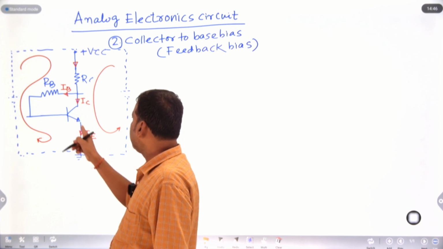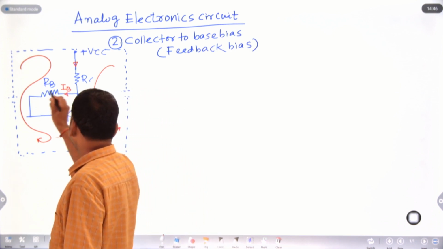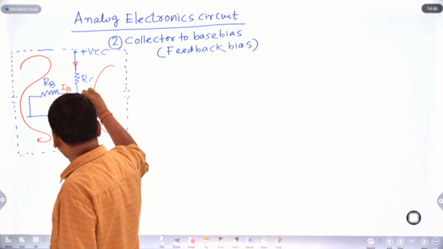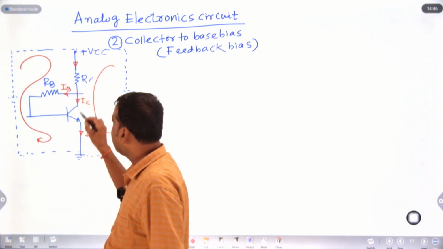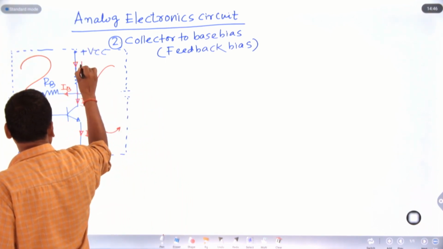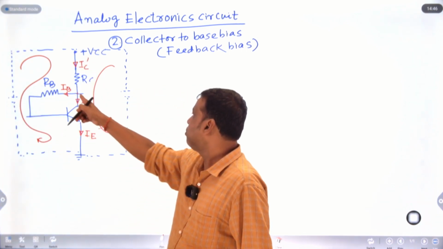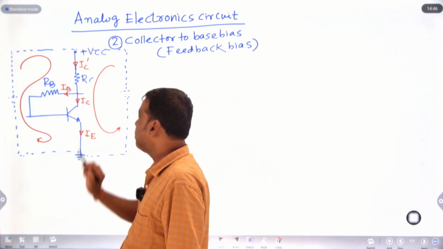So emitter current equals base current plus collector current. Applying Kirchhoff's current law at this point, this current equals this current plus this current. Let this current be IC dash. So IC dash equals IB plus IC.